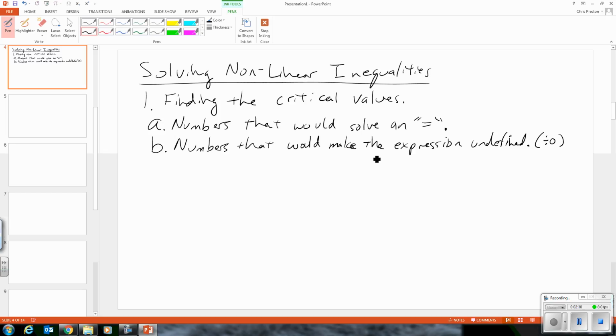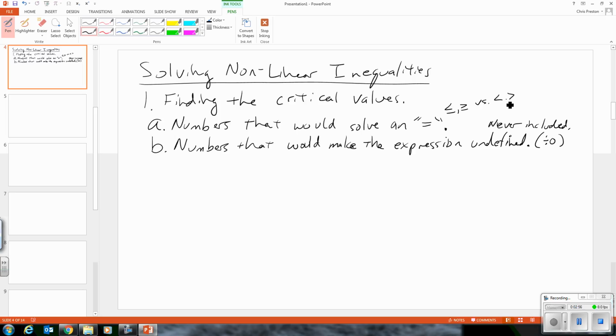Now, this second type are never included in the solution. Now, whether the first type is included or not depends on if you're working with something like greater than or equal to, less than or equal to, versus if it's just a strict inequality, less than or greater than.